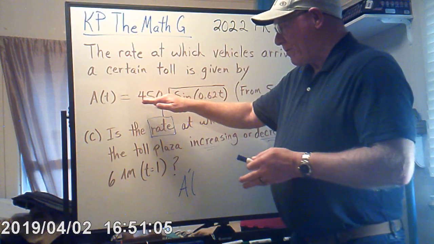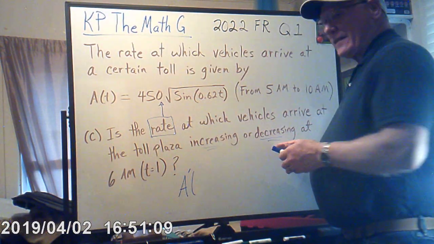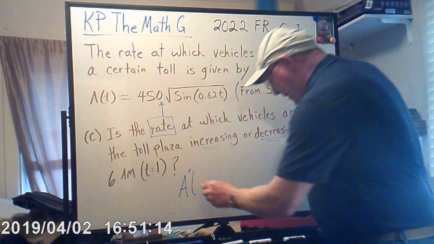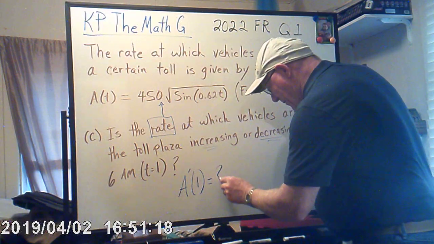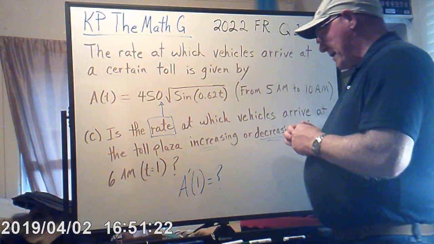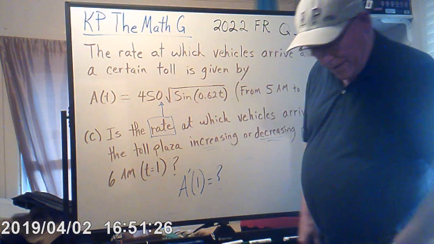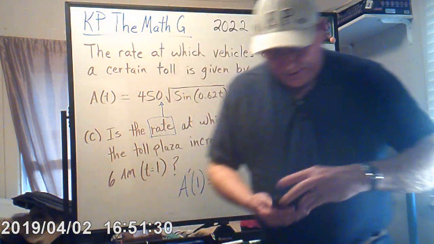Even though this is a rate, you're still going to see if this rate is increasing or decreasing. So you have to take the derivative. Now at what? Well, t is 1. So what we're looking for is A prime at 1.